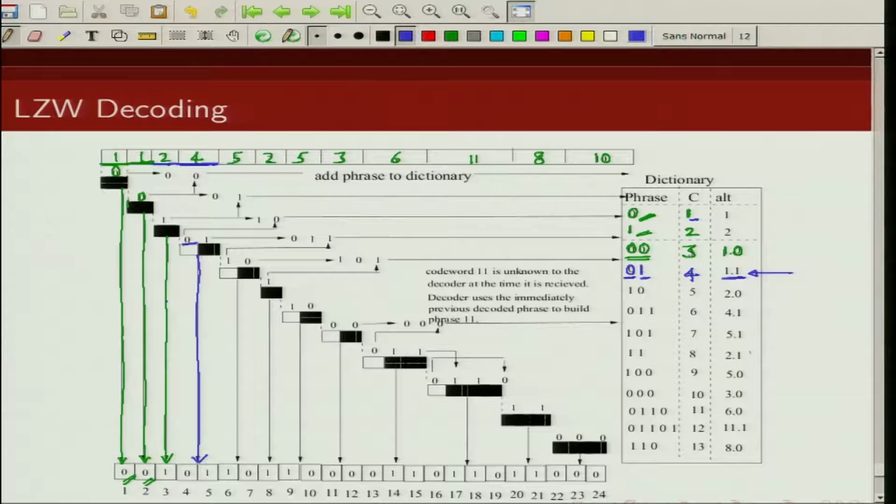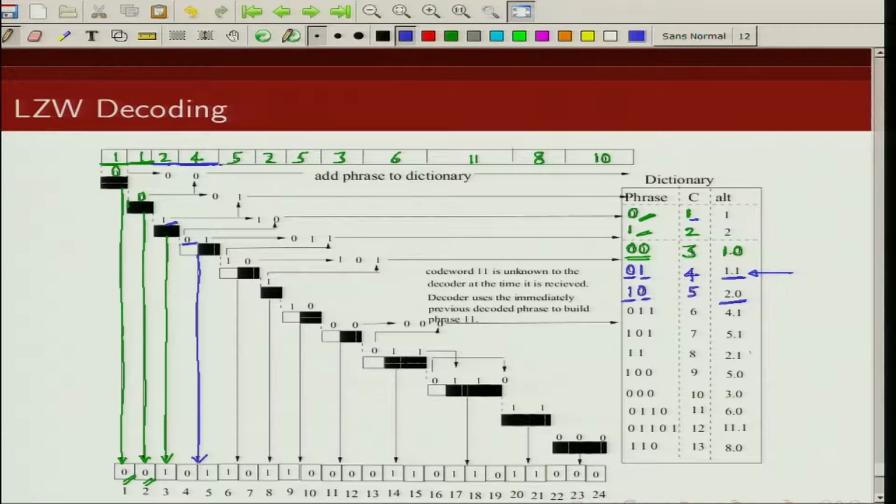So my innovation symbol is 0 and the previous phrase is 1. So I am going to add 1 0 to my dictionary. So then I add 1 0 to my dictionary, that's code word number 5, and again this can be written as concatenation of 1, which is code word number 2, with this innovation symbol 0.